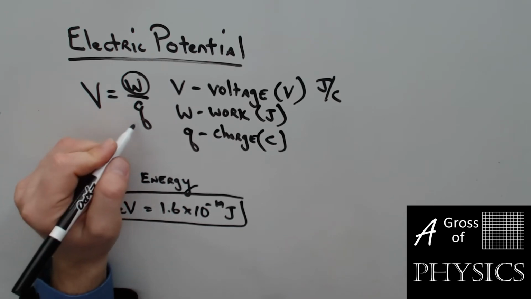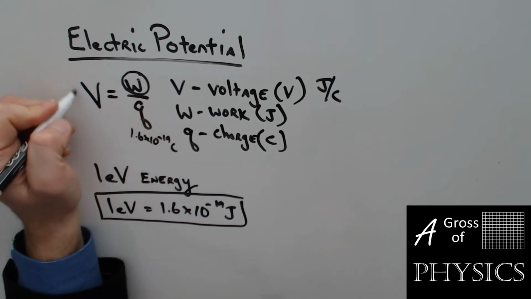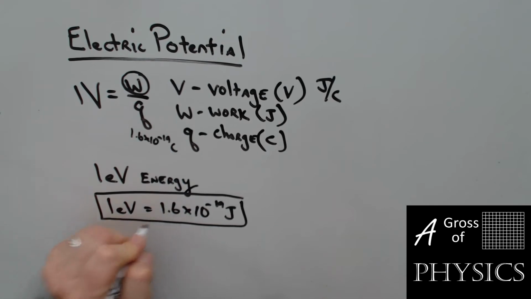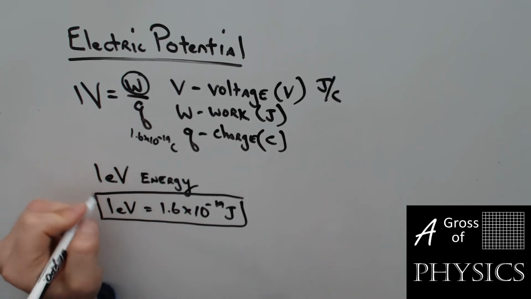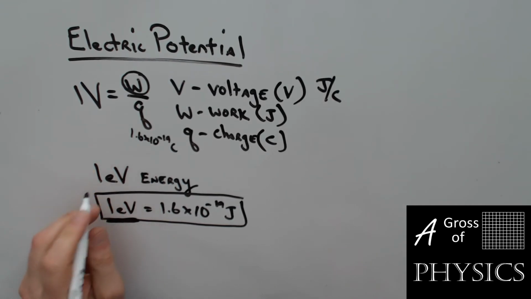So if this is 1 electron, it's 1.6 times 10 to the negative 19 coulombs. And if it's 1 volt, cross multiply, you end up getting the work to be 1.6 times 10 to the negative 19 joules.